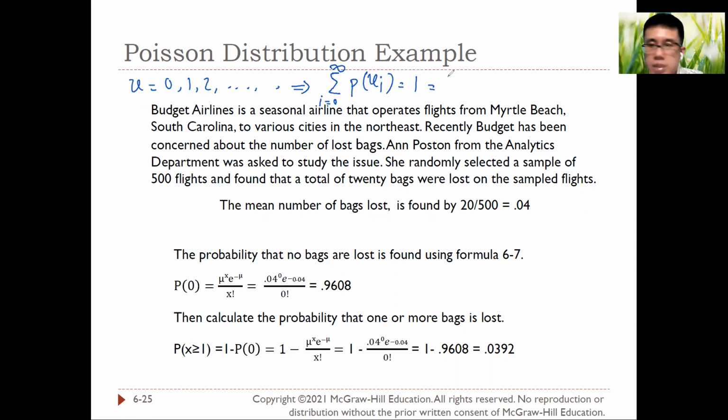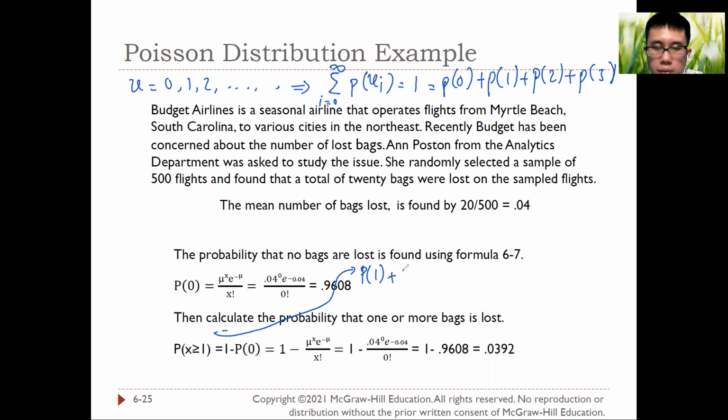And here, if we expand the sigma, it becomes this, and so on. Because we need this value, which is equal to p1 plus p2 plus p3 and so on, just move this term p0 to the left, so it is equal to this.